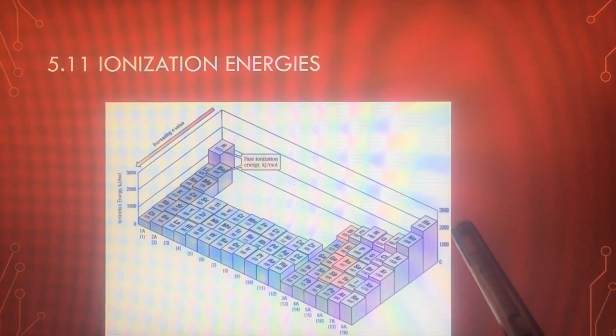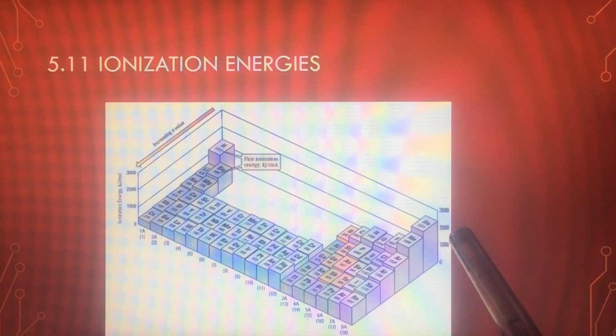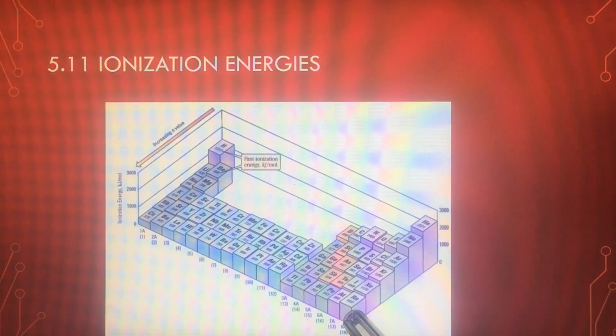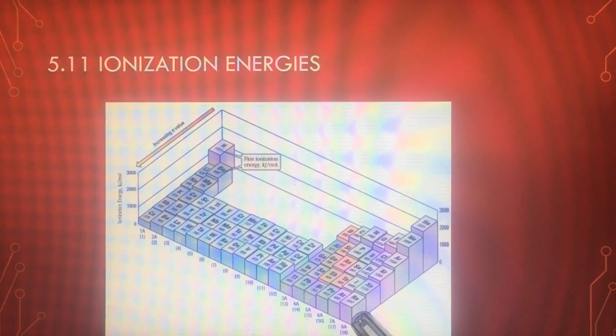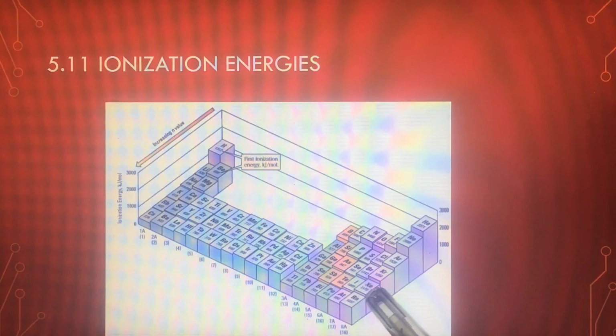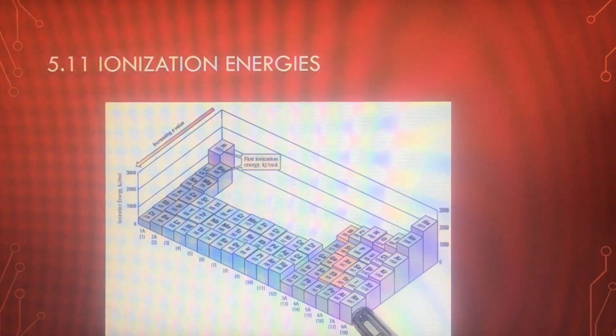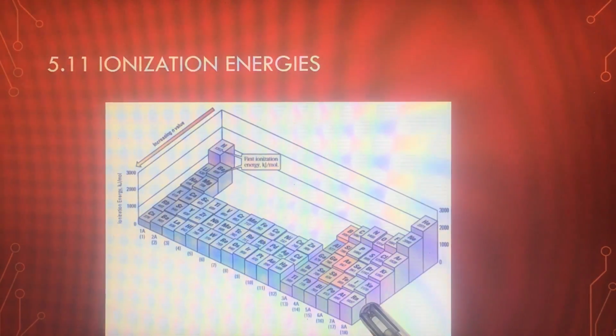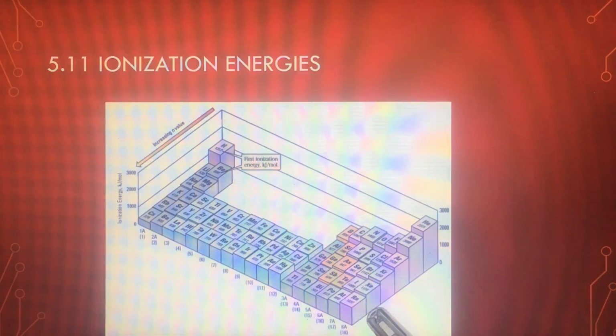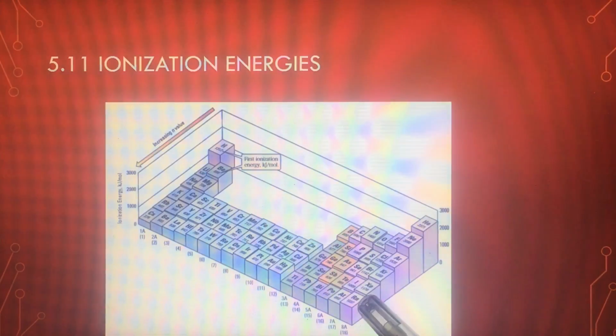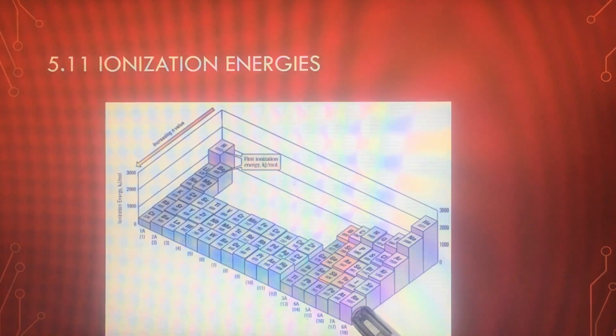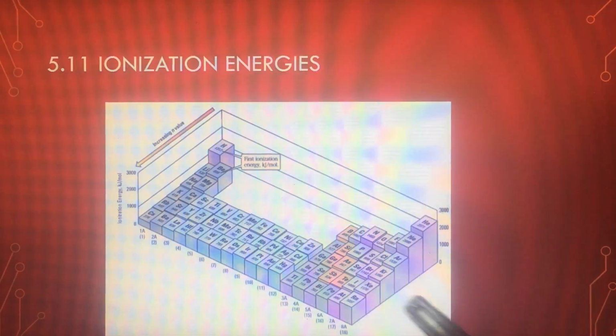That is why they are more attracted to the nucleus than the ones in the valence shell of the higher energy levels, such as xenon or radon. This means that the farther the electron is from the nucleus, the easier it is to remove, because it experiences less attraction to the nucleus.